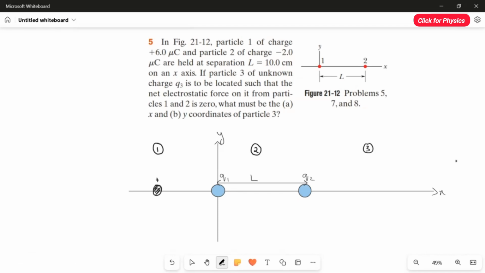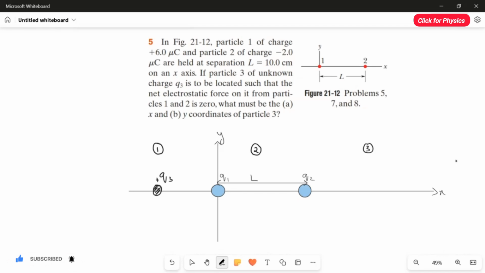So let's check whether the net electrostatic force of 1 on 3 and 2 on 3 can be equal to 0. This is our third charge. So the interaction of charge 1 on 3 and the interaction of charge 2 on 3 should sum to 0. That means we have to apply Coulomb's law. Clear? So let's see, if you place the positive charge in this location 1, what will happen?